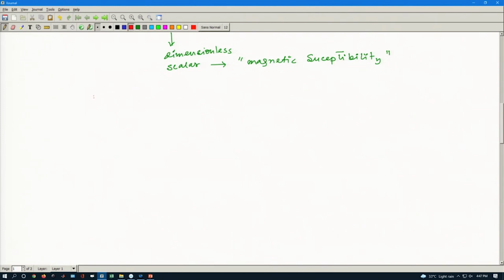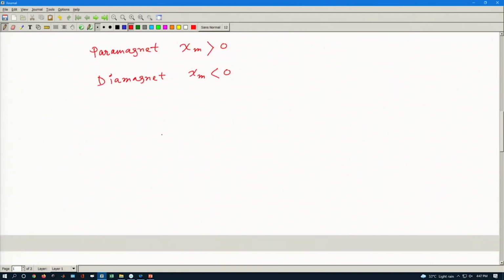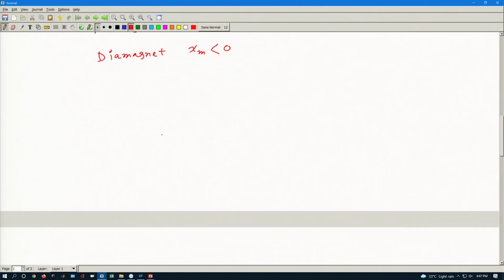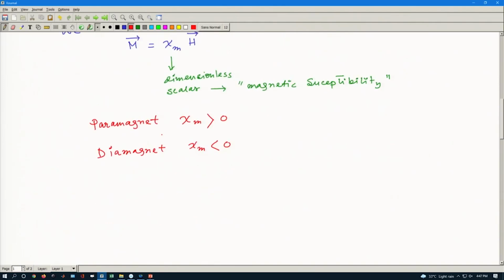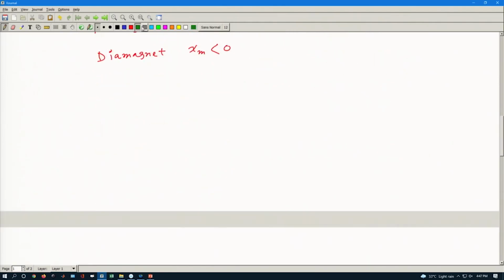For a paramagnet we have susceptibility greater than 0, and for a diamagnet the susceptibility is less than 0. Let me make a quick chart to understand the typical values for paramagnetic and diamagnetic materials.